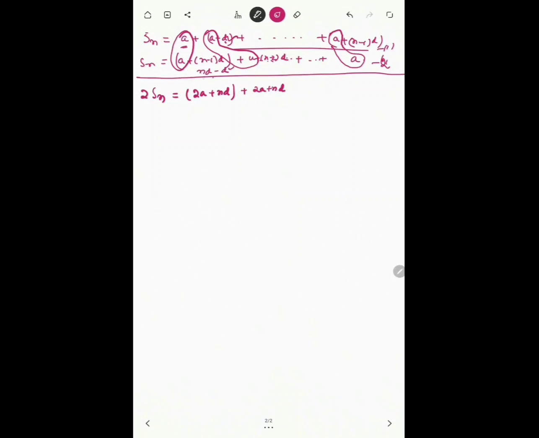And here also 2A and n minus 1 D. So you are getting a pair of 2A plus n minus 1 D, 2A plus n minus 1 D, here also for the second term, adding the second terms. Last terms also 2A plus n minus 1 D, 2A plus n minus 1 D.